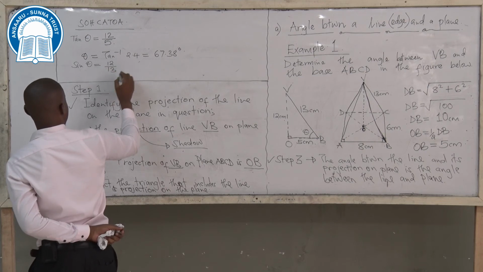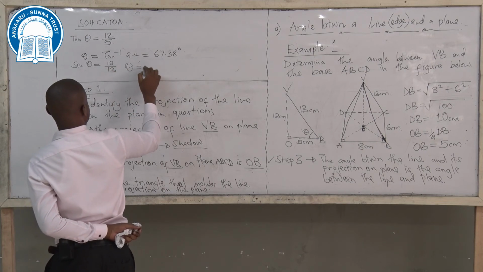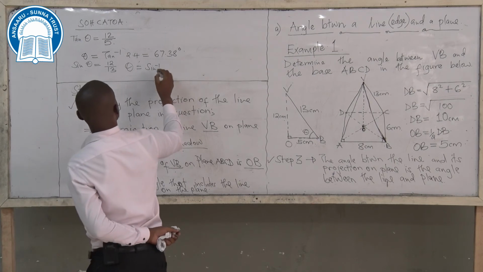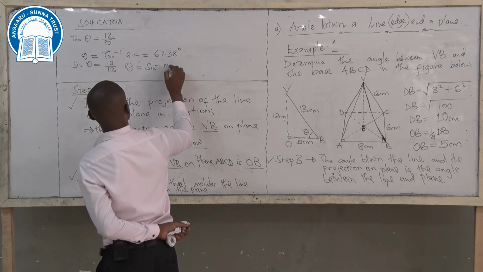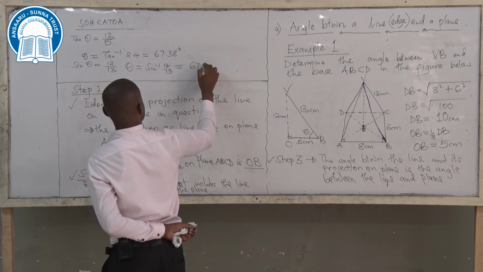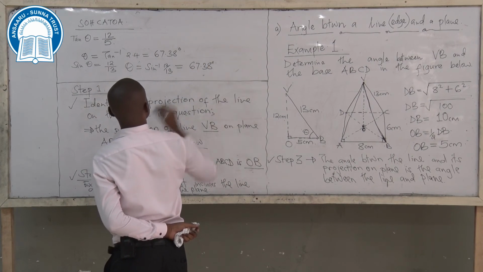12/13. That gives us theta to be sine inverse of 12/13, which still should give us 67.38 degrees.